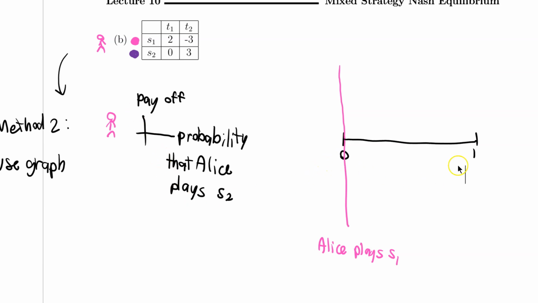Now, if my x is 1, that means the probability that Alice plays S2 is 1. So that means Alice is going to play the bottom row for sure. So my S1 is the pink thing and my S2 is now the purple thing. And when x is 1, that means Alice is going to play S2 for sure. So on my purple axis here, that means Alice plays S2.